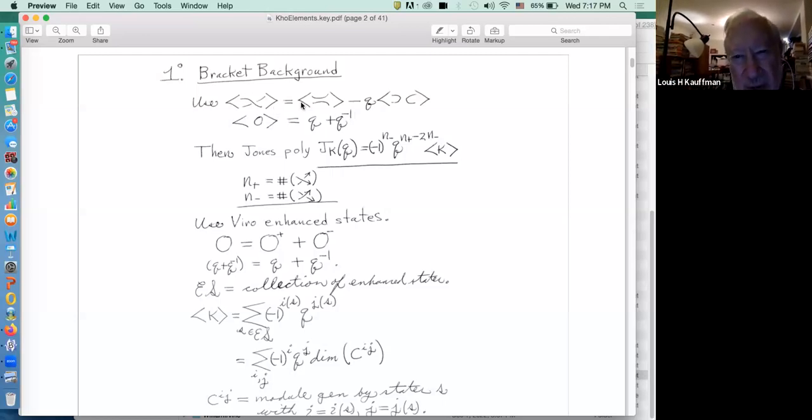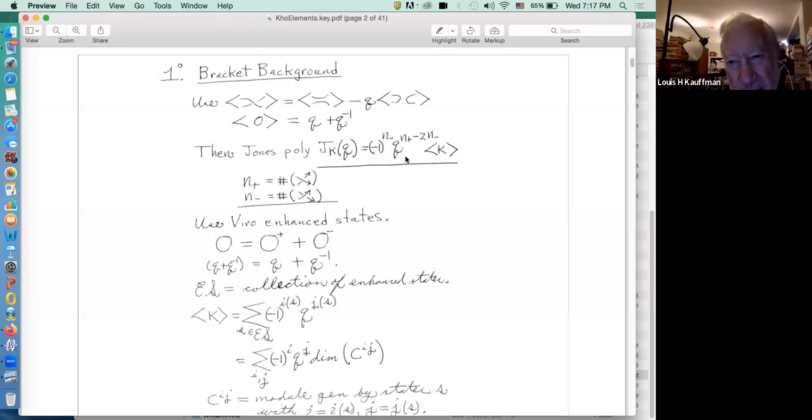Suppose that you decided to write the bracket this way: coefficient of 1 on the A smoothing, coefficient of minus Q on the B smoothing, and the value of the loop is Q plus Q inverse. You will find, if you play the same games of how it behaves under Reidemeister moves, that it's still invariant, but it does some funny things like multiplying by something a little differently under a 2 move.